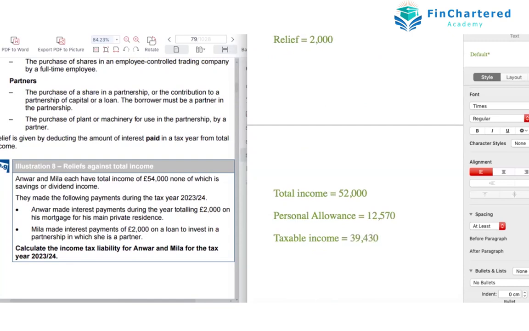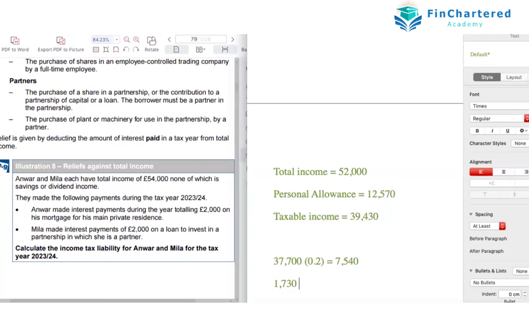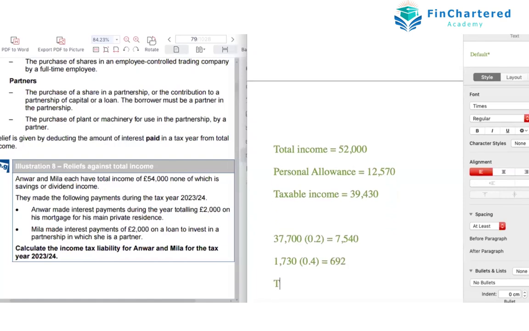Now on this, up to 37,700, there will be 20%, which is again 7,540. And anything in excess of that is 1,730. Again, we will pay 40% on that, which is 692. Therefore, Mila's tax liability is how much? 7,540 plus 692, 8,232.